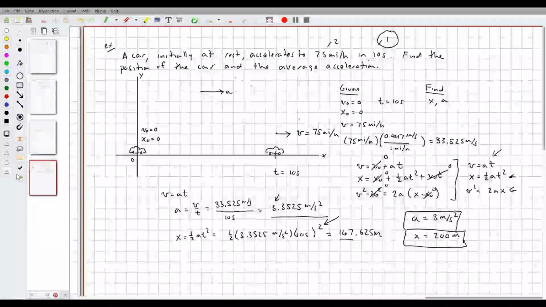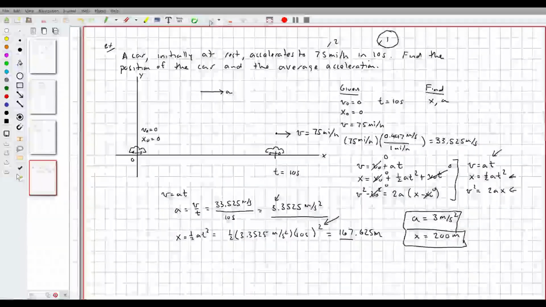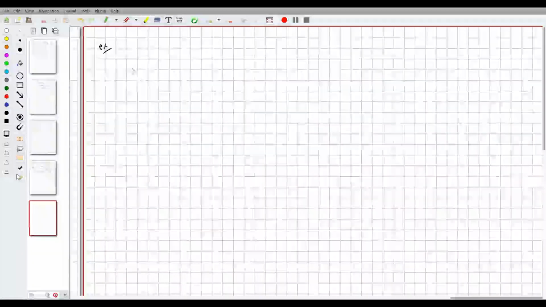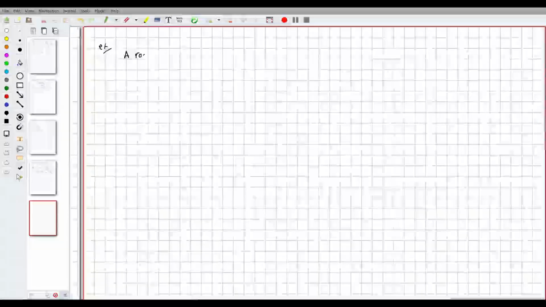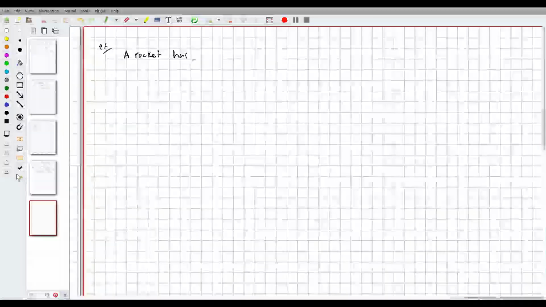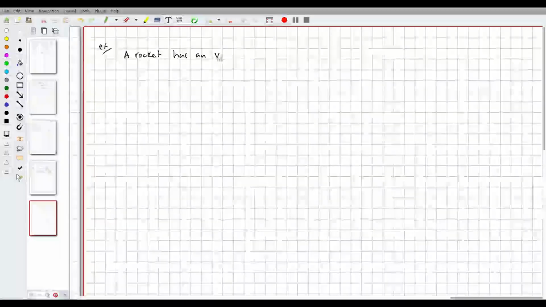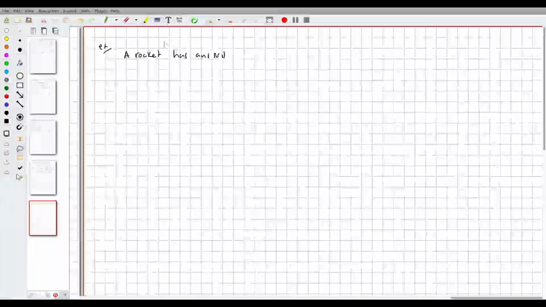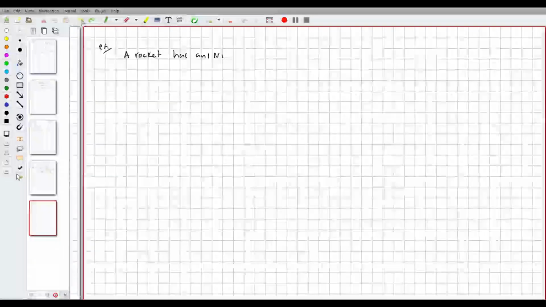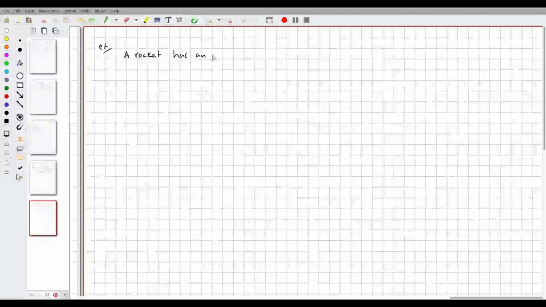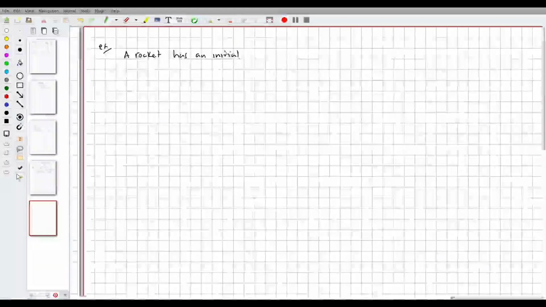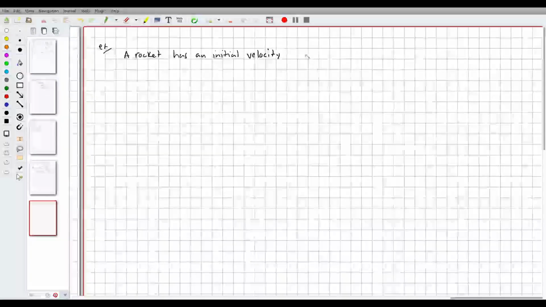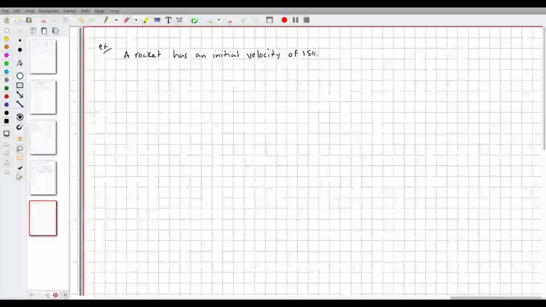So, let's do another example. A rocket has an initial velocity of 1,500 meters per second.